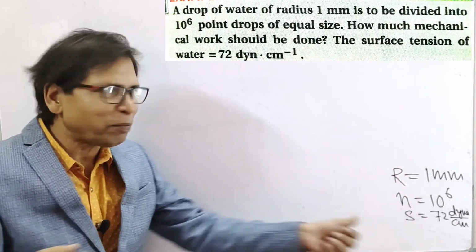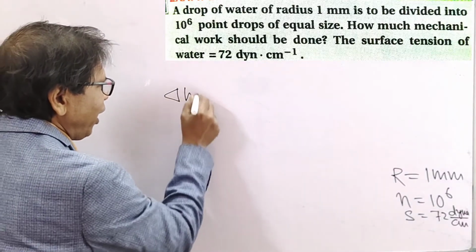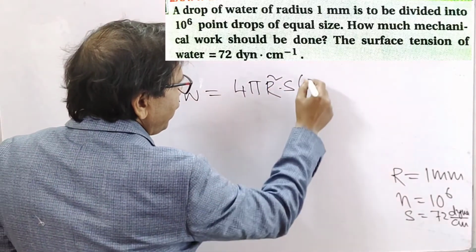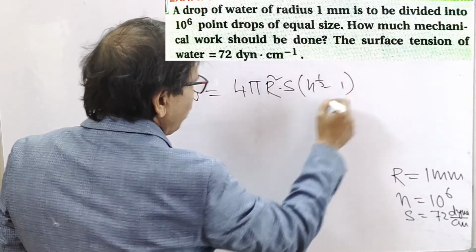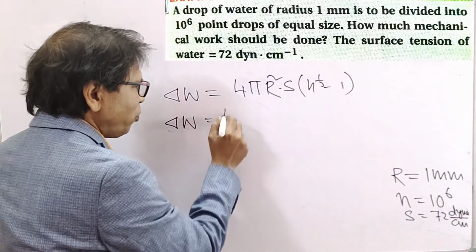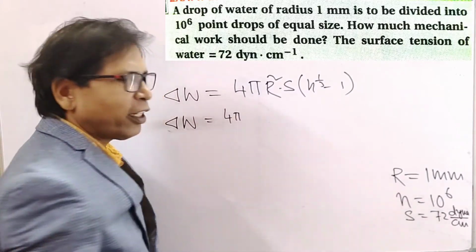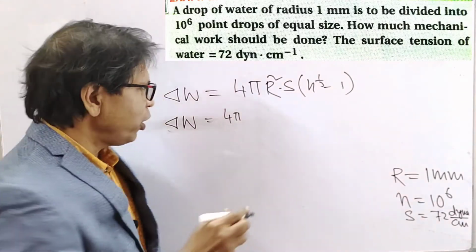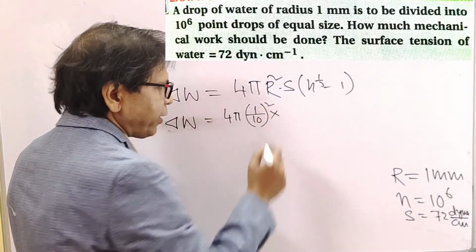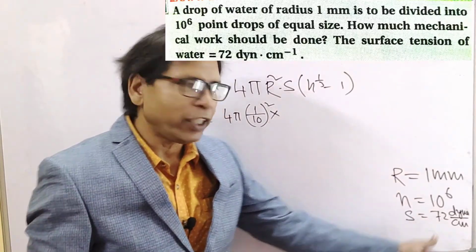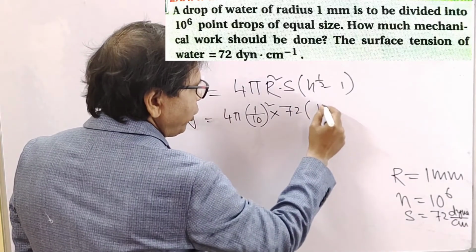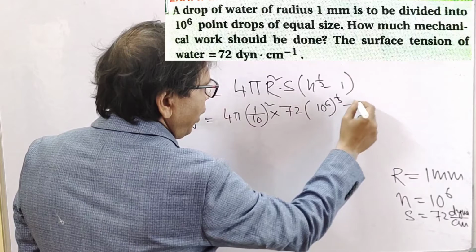The work done, ΔW, is 4πR²S(n^(1/3) − 1). Here ΔW = 4π, and 1 millimeter should be converted into centimeter, so it is (1/10)², and S is equal to 72 dyne per centimeter, and n is (10^6)^(1/3) − 1.